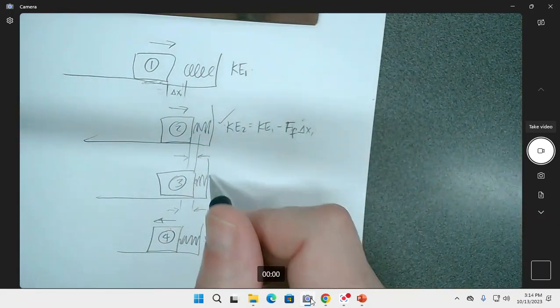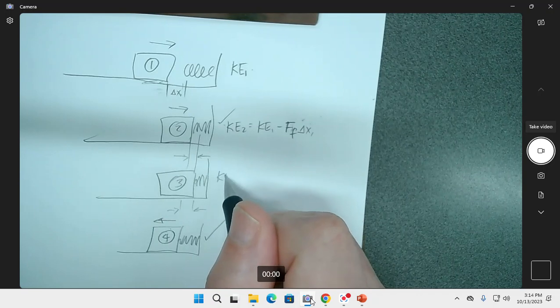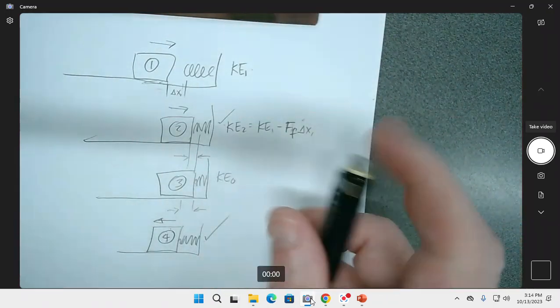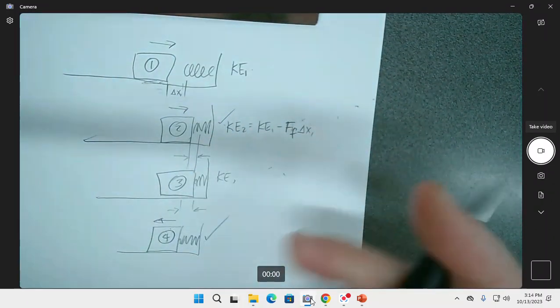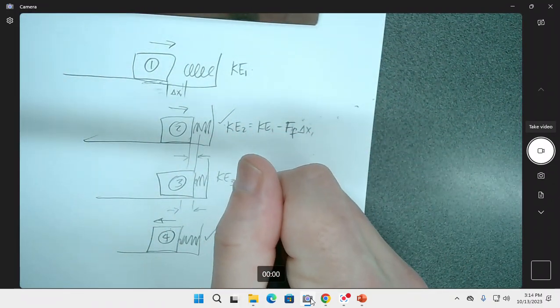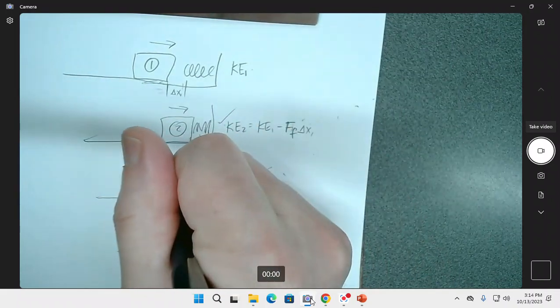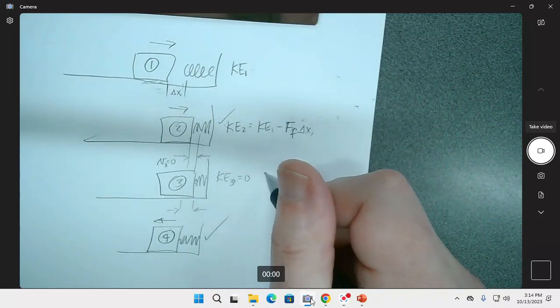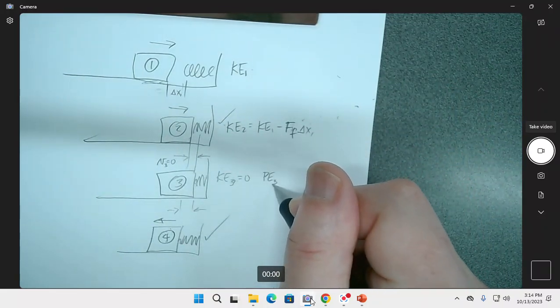Now right here, the kinetic energy is not equal to 0. Kinetic energy 3 is equal to 0 because it stopped, because its velocity is equal to 0. But we have potential energy at 3.